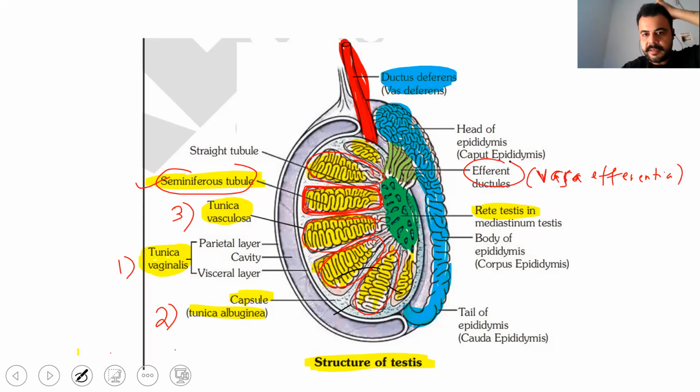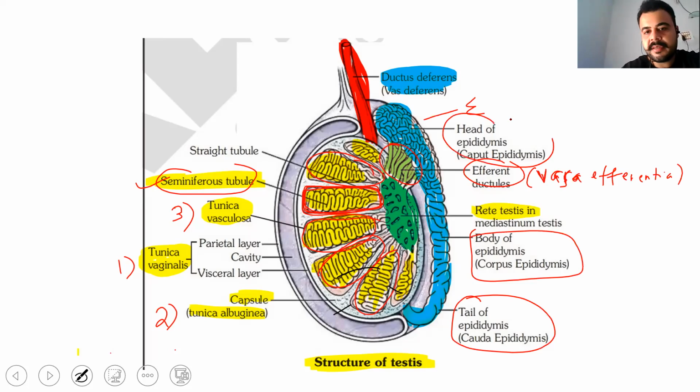This efferent ductus, this part. Then it will go into the epididymis, which has 3 parts. This is the epididymis: caput, corpus, and cauda, the head, body and tail of the epididymis. And then this tail of the epididymis will end into the vas deferens. It will go into the vas deferens, this part. Got it? So I'm going to discuss this part.